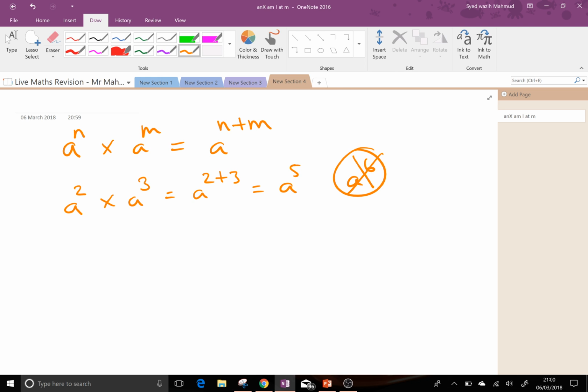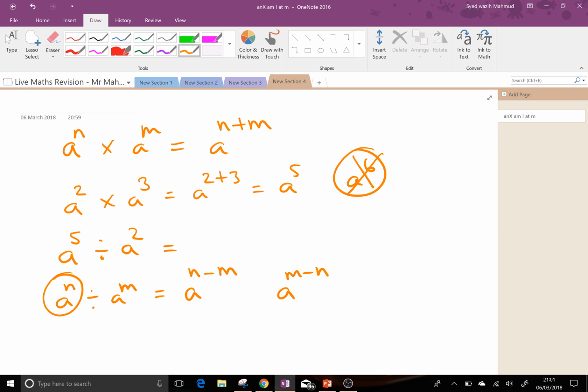What happens when we divide? Say for example, we have a to the power of 5 divided by a to the power of 2. When we divide, you take away the powers. So the rule is a to the power of n divided by a to the power of m, you write it as a to the power of n take away m. But remember, it is not a to the power of m take away n.